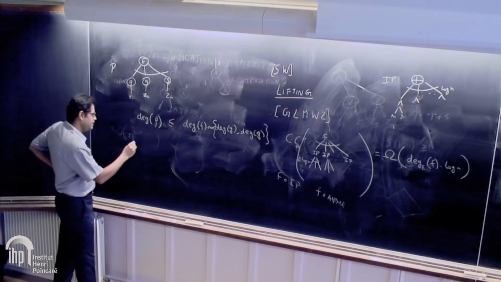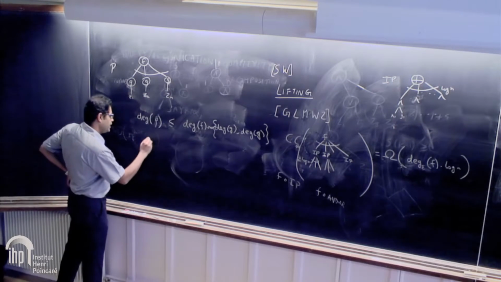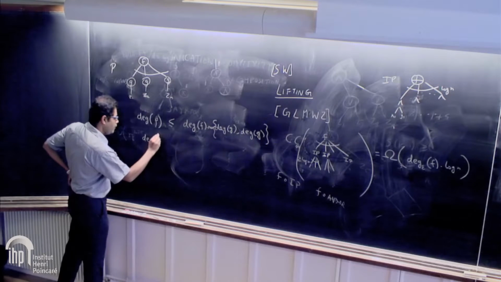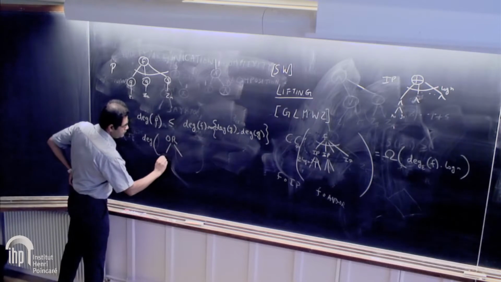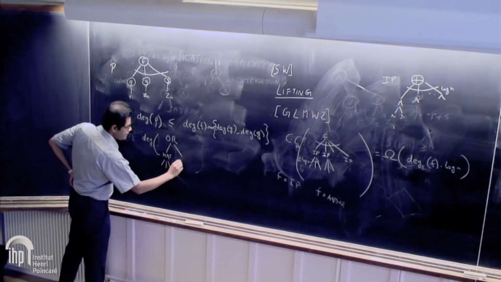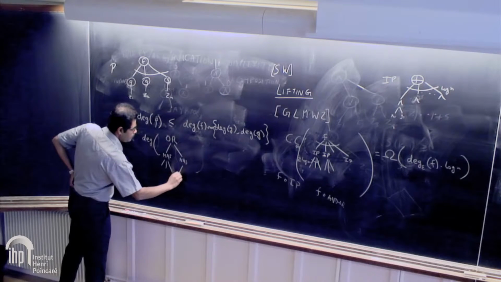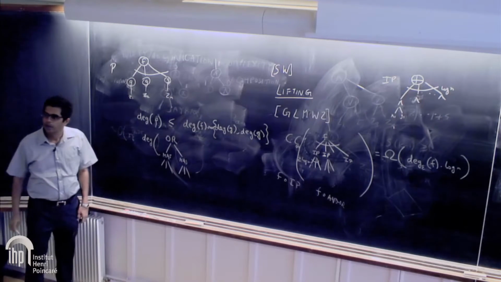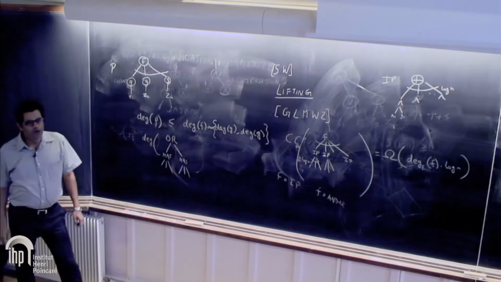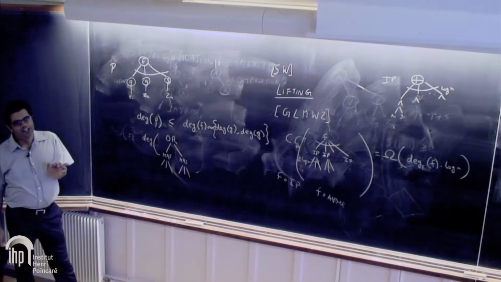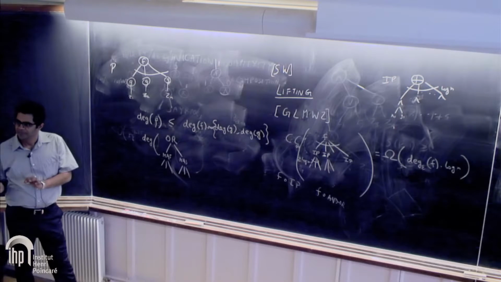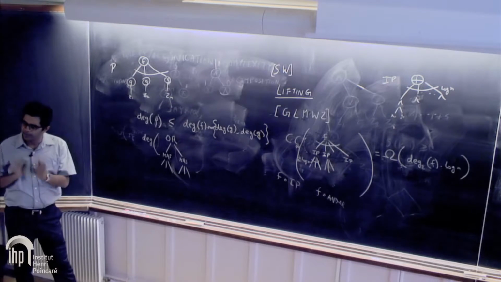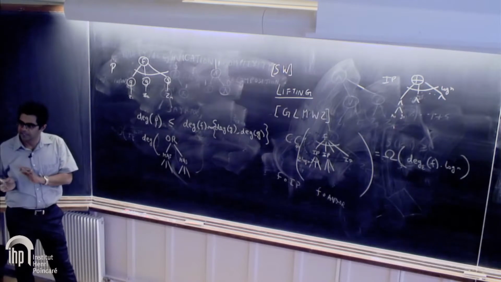So the example that we have is if you look at the degree of OR of majority on 3 things. One of them is 2 and the other is 3/2. So the OR and the complement, they have different degrees.